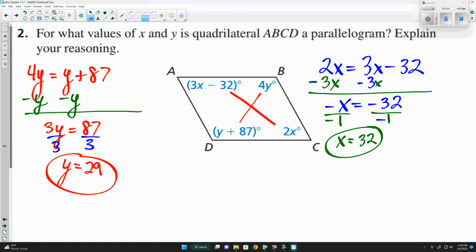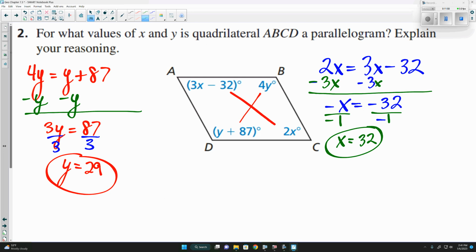For what values of x and y? So if it doesn't ask for the specific angles, we don't have to plug it in, especially if it's asking just for the values. But if you're not sure because the numbers look weird, you can plug it back in to see.